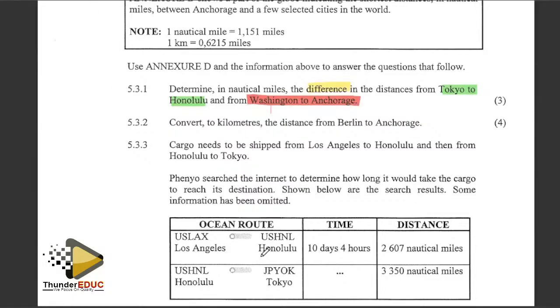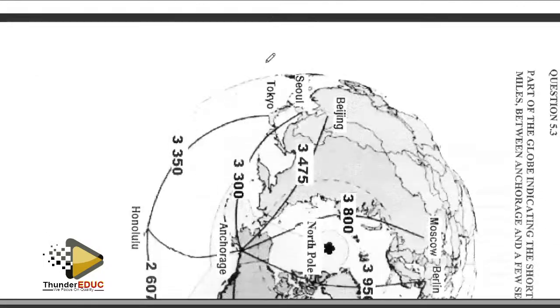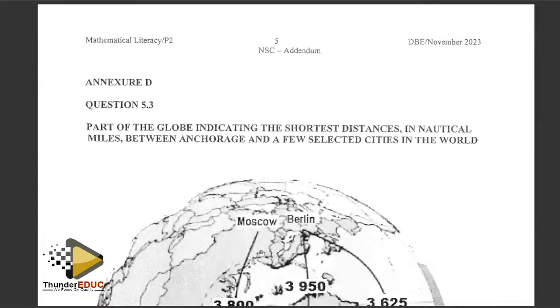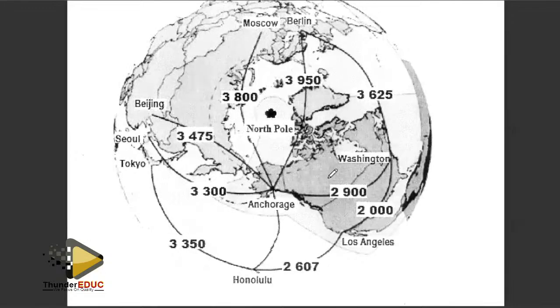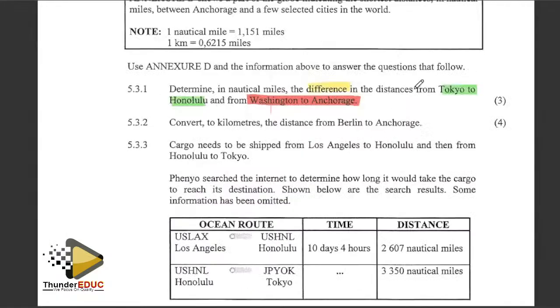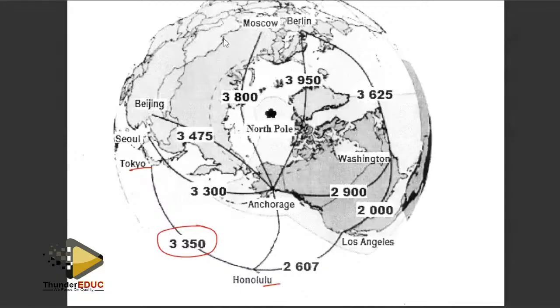You're looking for the difference. So first and foremost, we shall have to identify the distance between Tokyo and Anchorage, and then Washington. Okay, here is Washington, and so what's the difference?